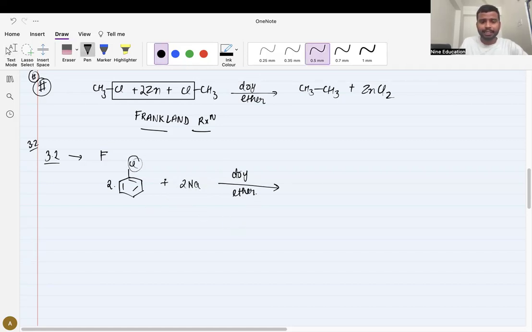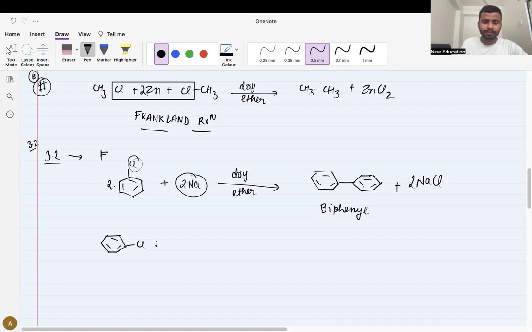These Cl and this sodium will give you NaCl, 2 moles, and 2 moles of this aryl halide will combine to one another, है ना? Carbon-carbon bond बनाएंगे and you will get a compound which is known as biphenyl. See, कैसे हुआ ये?